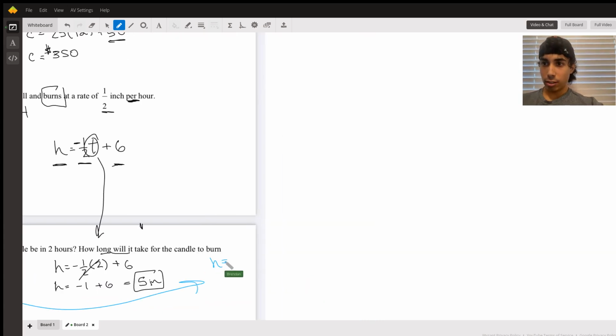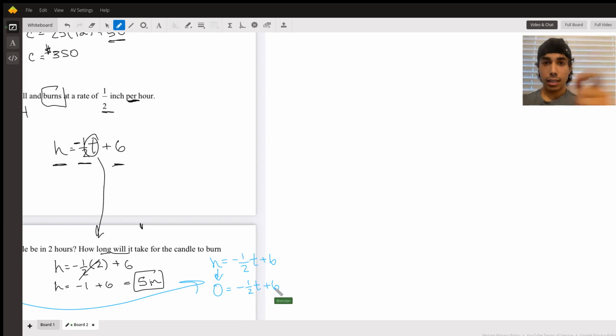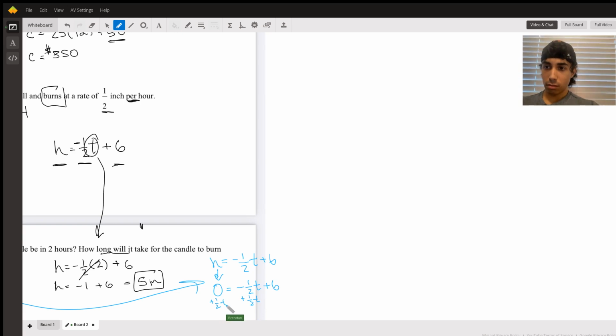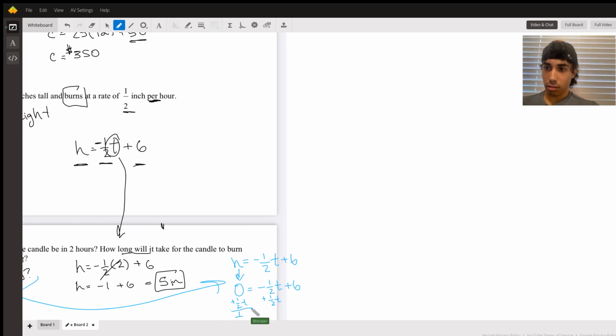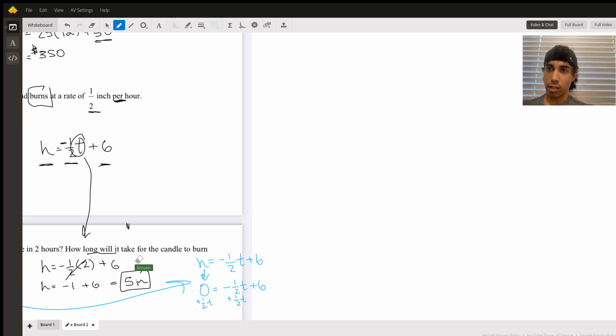I'm going to rewrite the equation that we started with. And I know that my height is equal to 0. So 0 equals -1/2 t plus 6. And then we're going to solve for t. So I would add the 1/2 t on both sides. That's frustrating, it's not letting me write down there.